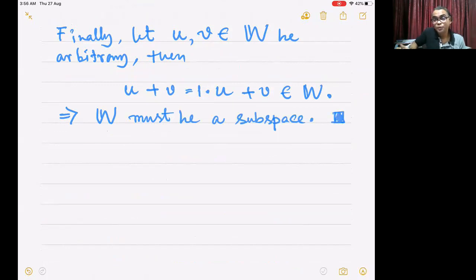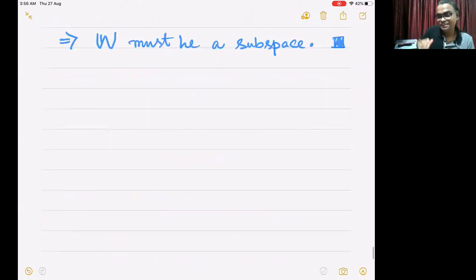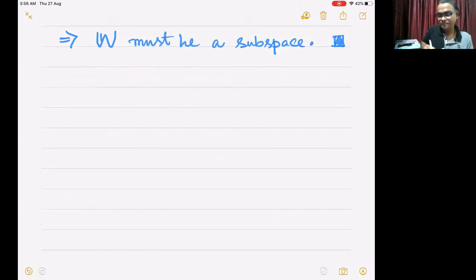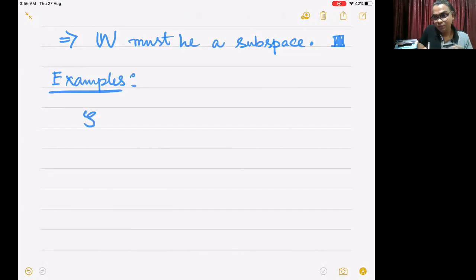You may ask, how does this help? Well, with this theorem in place, we can now have more examples of such subspaces. Very interesting. This is something that I've already asked you to check as a homework problem, but this will help you in solving that homework problem from module 2.